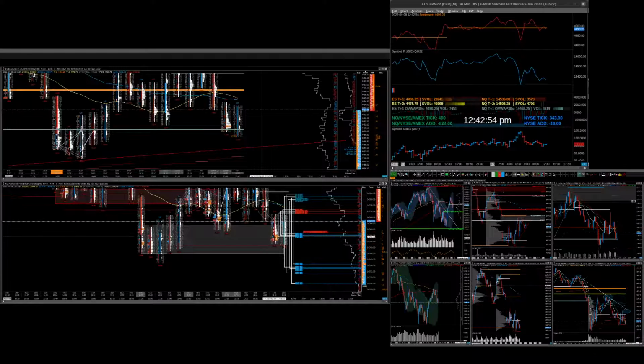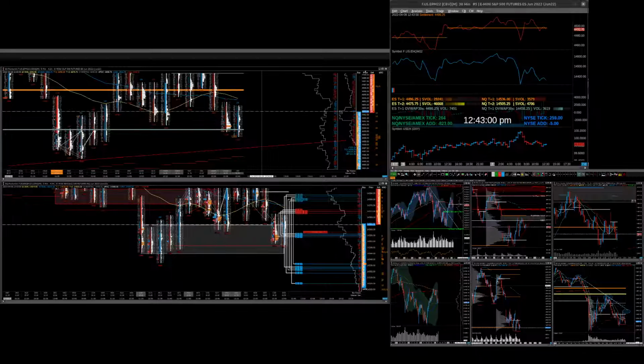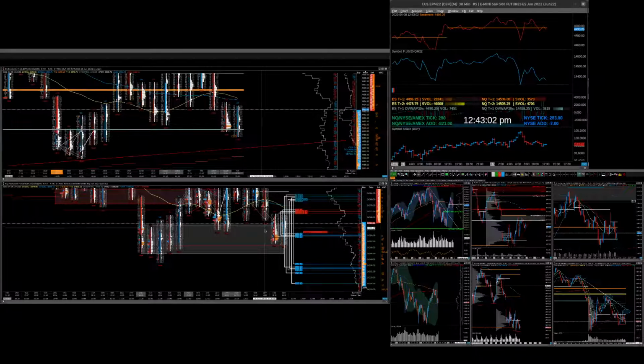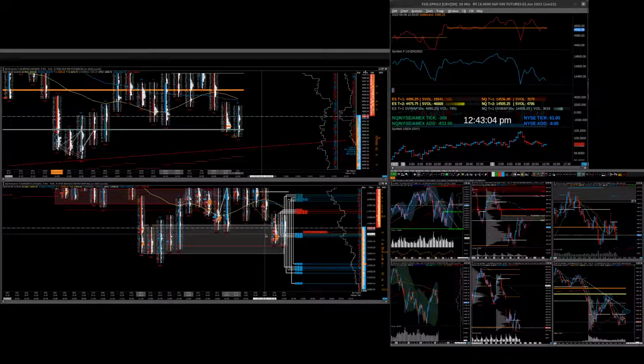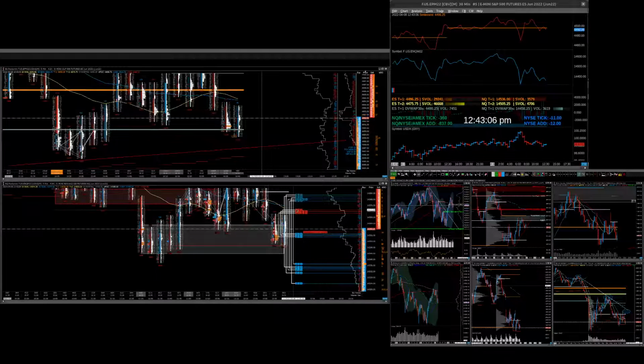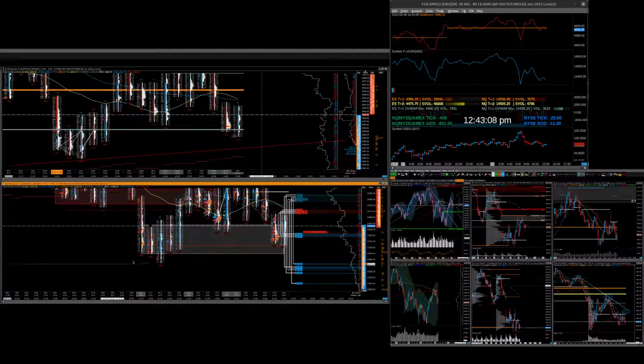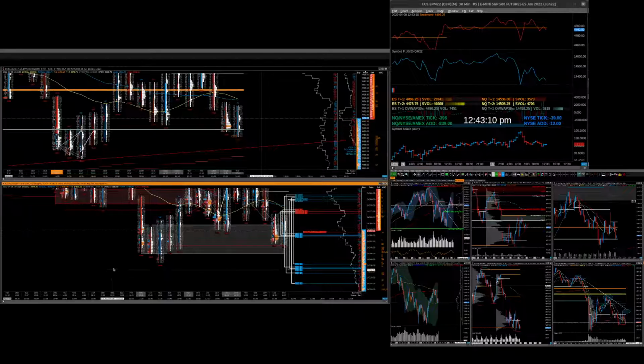So if you're taking, this is what I was mentioning earlier, if you're taking like the breakout trade, your probability of success might go up a little bit short term, but getting your full target is much more difficult.